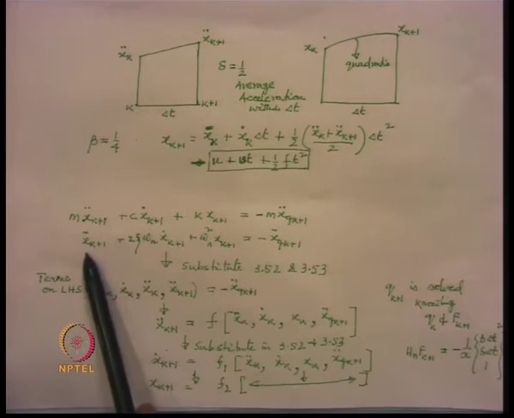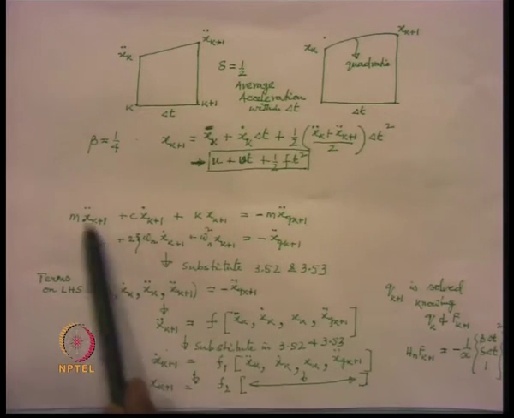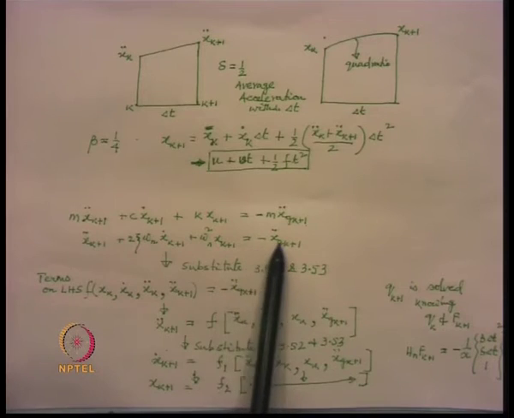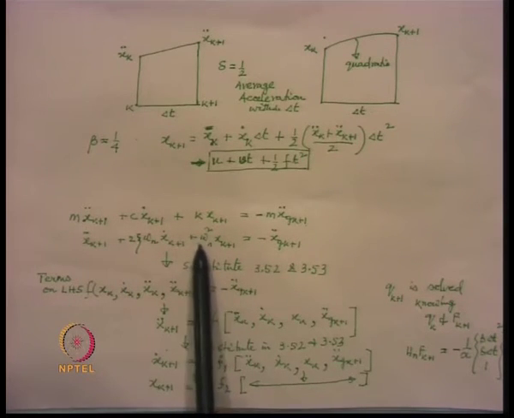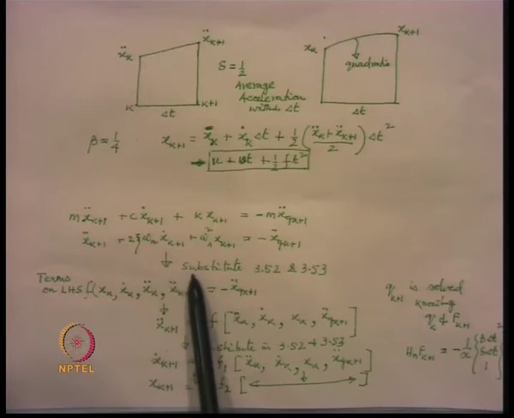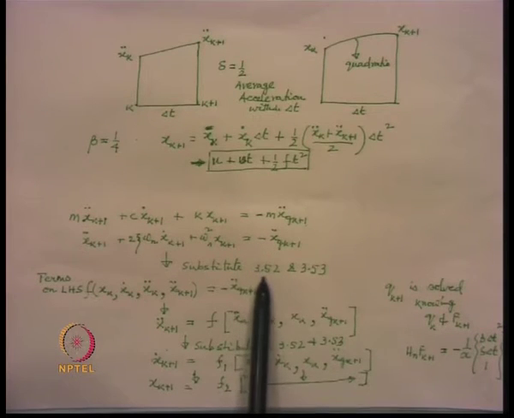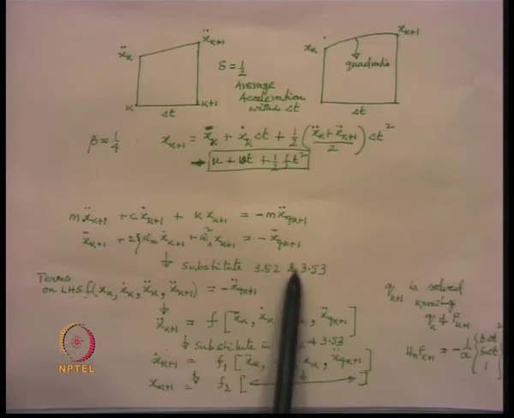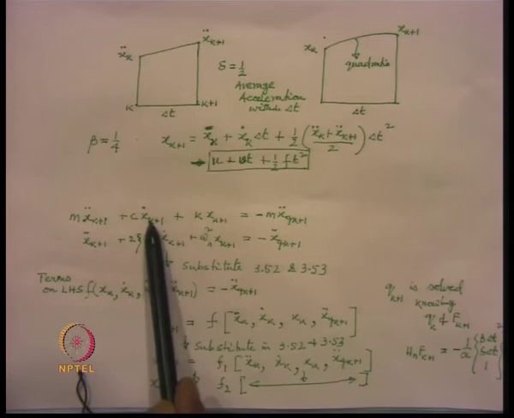We can rewrite it by dividing the entire equation by m, so that it is written in terms of the frequency and damping. Then we substitute the two equations 3.52 and 3.53 in place of x k plus 1 and x dot k plus 1.